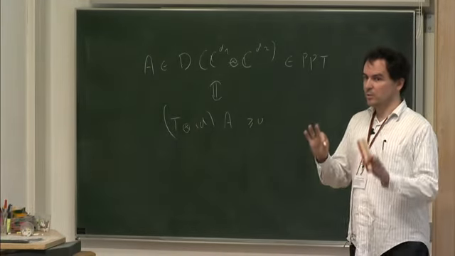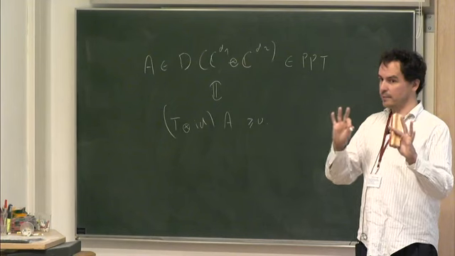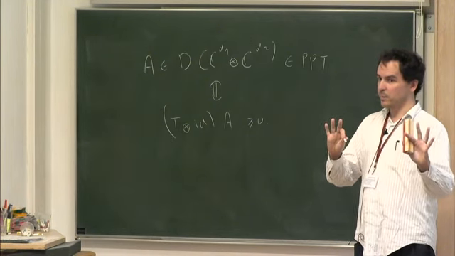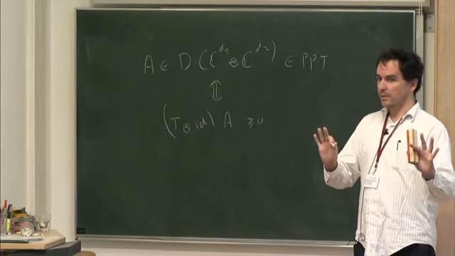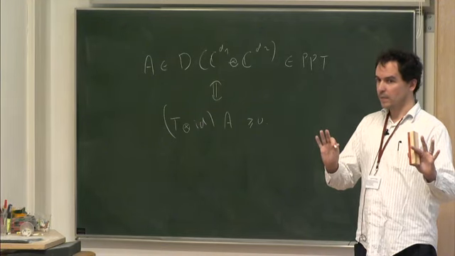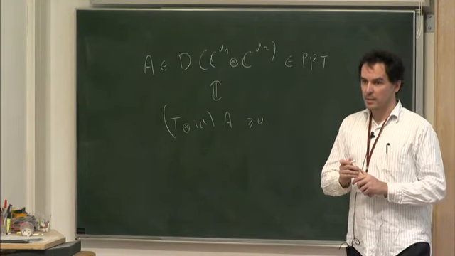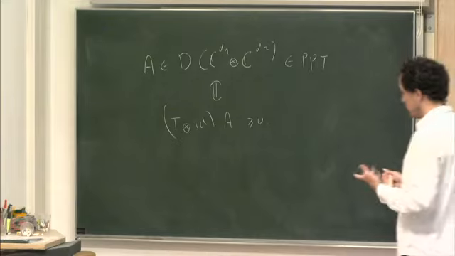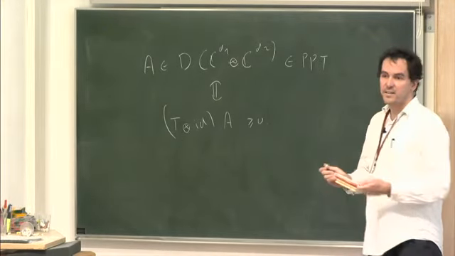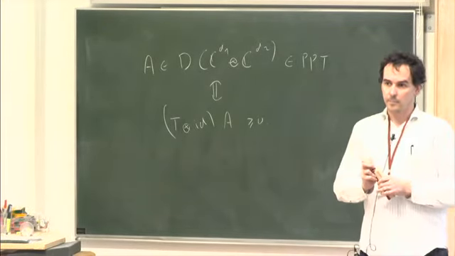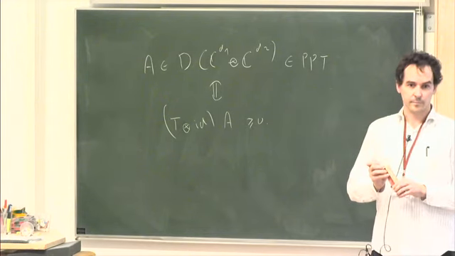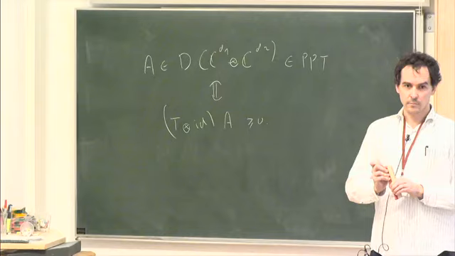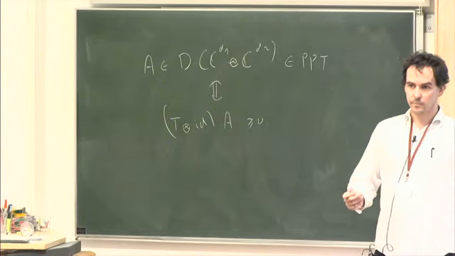So what I do is I have two legs of my tensor. On the first one I apply transpose, on the second one I do nothing. That's a criterion which was mentioned yesterday, I think, to check separability. You write the matrix as a block matrix, and you take the transpose of each block, but not of the whole matrix.